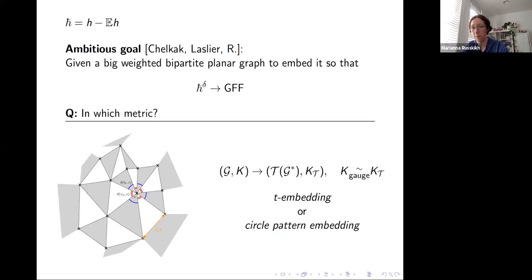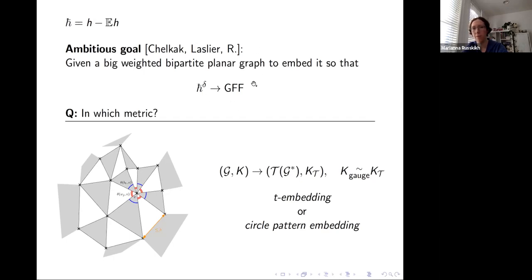To get an intuition here, think about random walks on planar graphs. It is known that, let's say, in a periodic environment, the random walk on planar graphs converges to the Brownian motion. And the correct embedding here is a Tutte embedding. And here is a similar question.